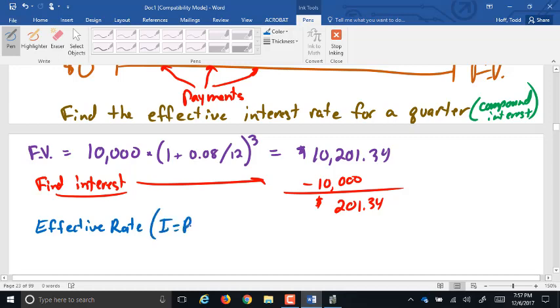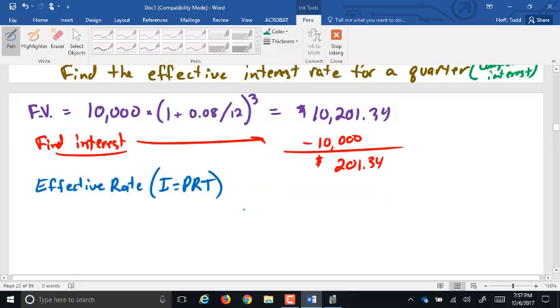Then we find our effective rate using I equals PRT. What is going to go into I equals PRT for I? 201.34. How about for P? 10,000. How about for R? That's what we're looking for. How about for T? 1/4. For a quarter of a year.